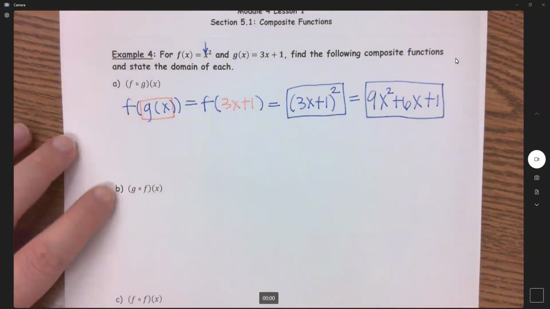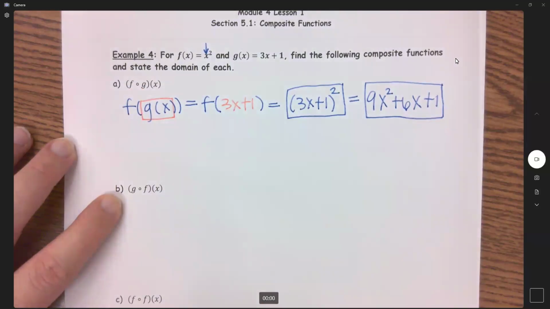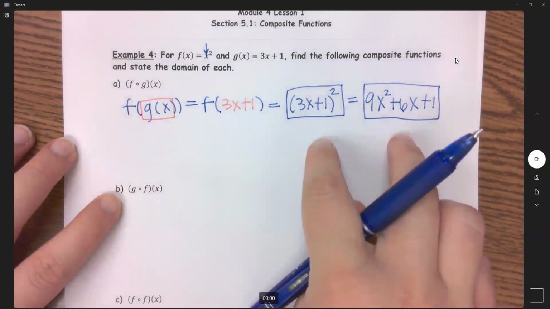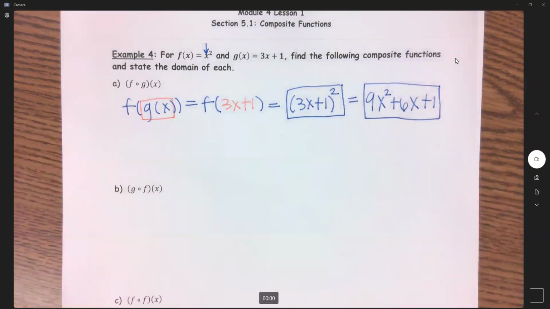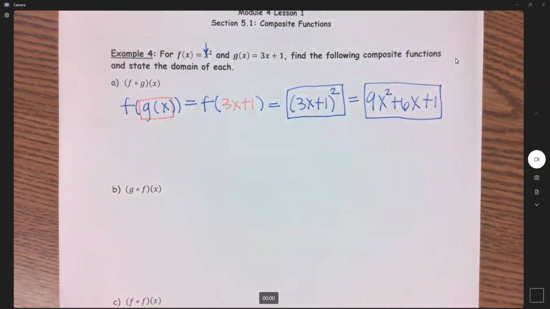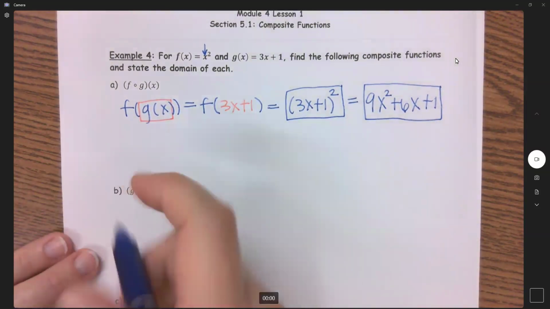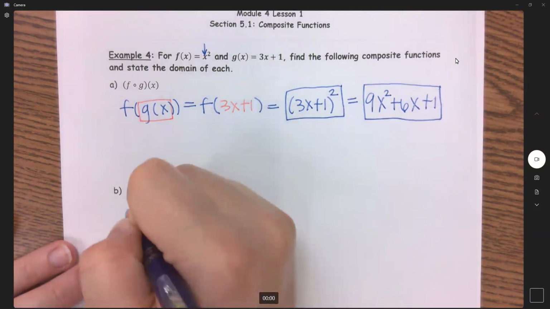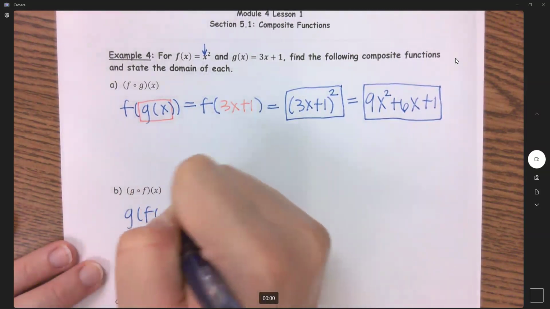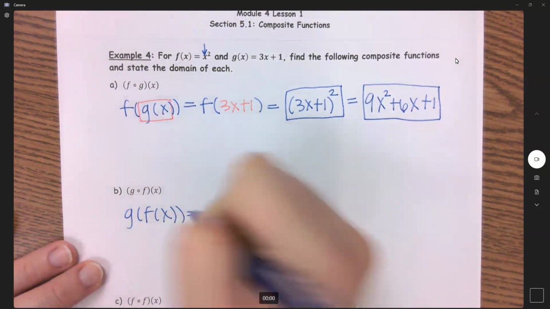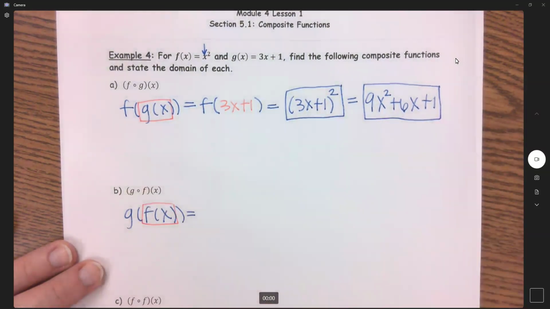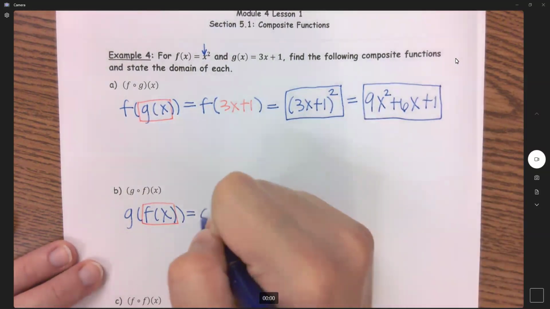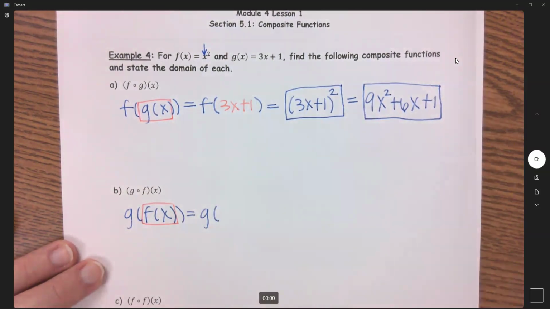Part B, going the opposite way now. Will this be the same as one of these? Well, if you remember from last video, they are not the same value. So more than likely, they're not going to be the same function. So let's try. G composed of f of x is g of f of x. So starting inside, we have g of, and then what is my f of x?